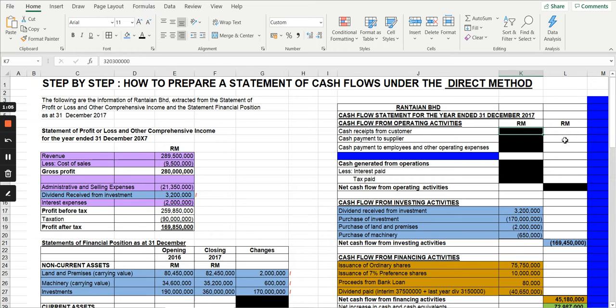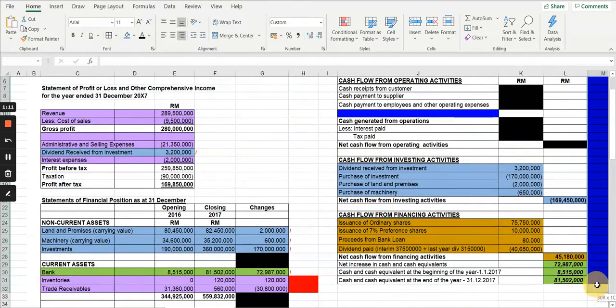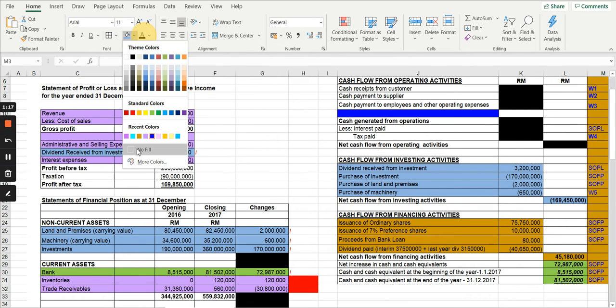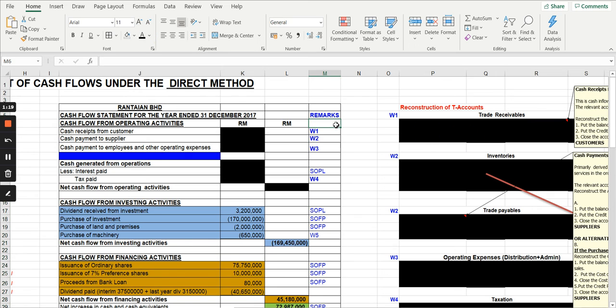To find cash receipt from customer, what I will do is open up this section here that I have already hidden for quite some time. I'm going to open it up now just to show you in working one.